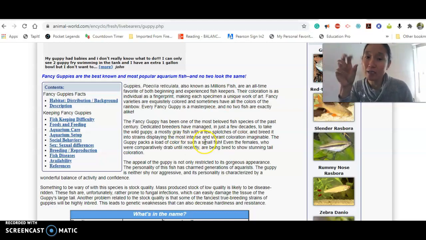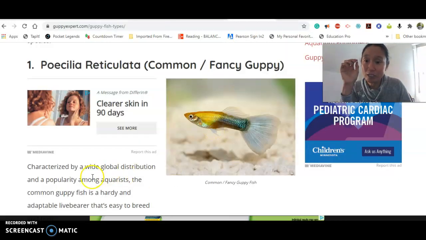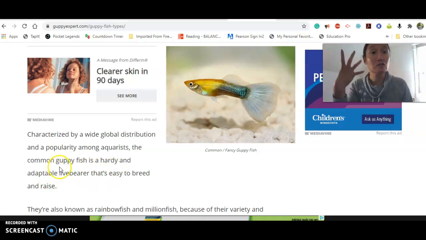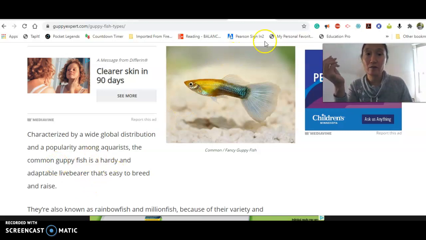So I'm talking about just the fancy guppies here, okay? And if you look back on this page here, it says that the common guppy is hardy. That means it's tough to kill, and it's very adaptable. It means it can live in many different places. It's easy to breed, to have little baby guppies, and you can raise those very easily.